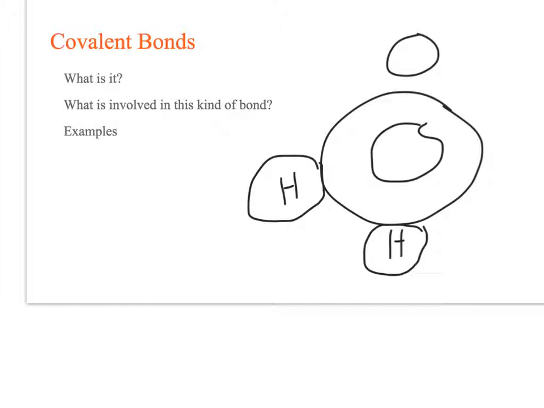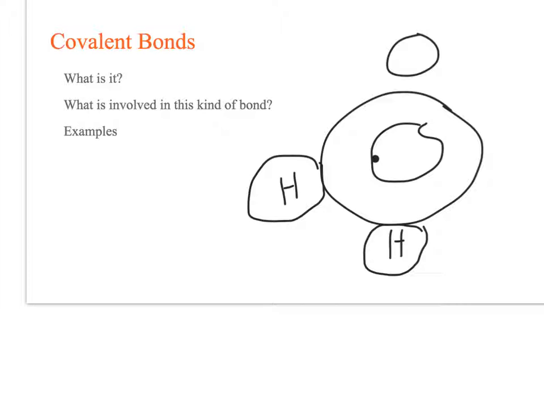So the next type of bond is a covalent bond. It is when electrons are shared equally, and it is between two or more nonmetals. For the example that we have, an oxygen atom combines with two hydrogen atoms, which is going to make H2O.